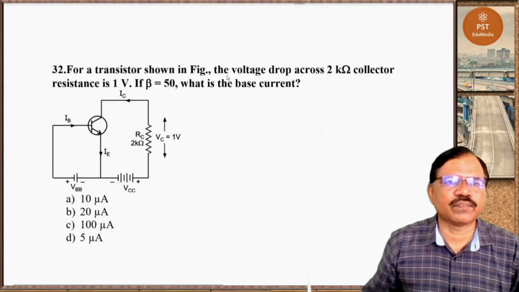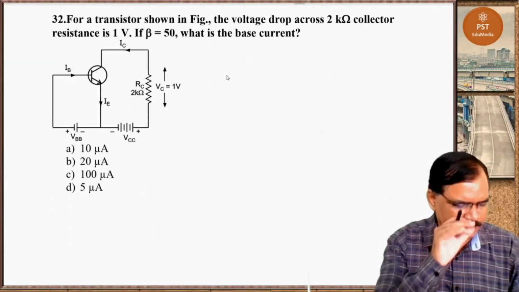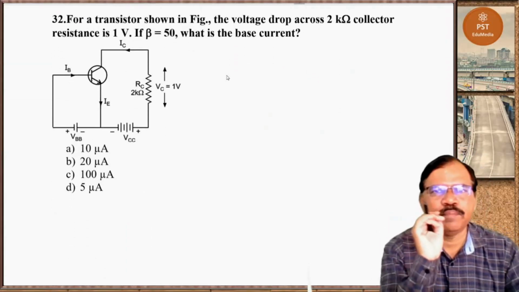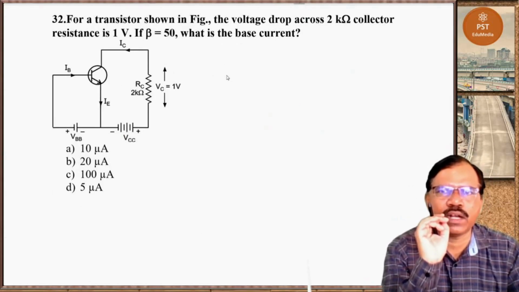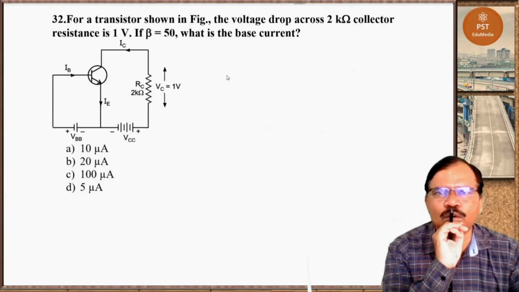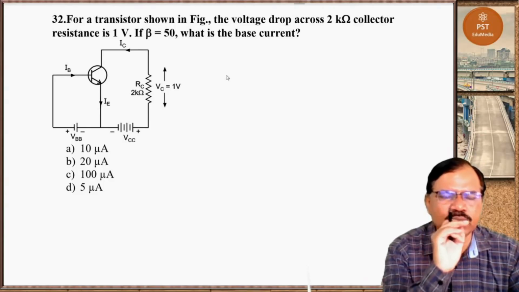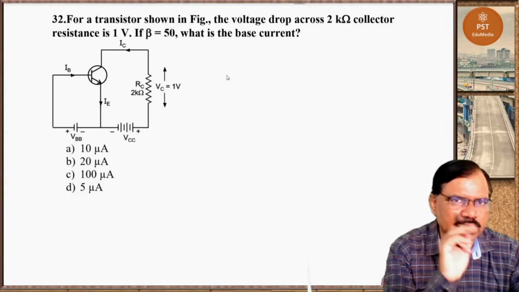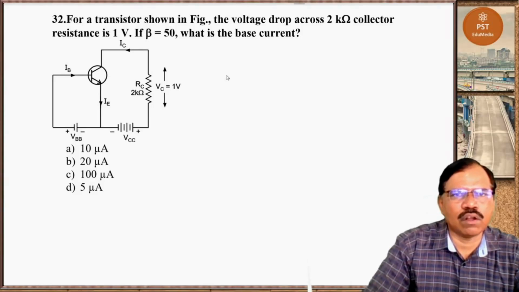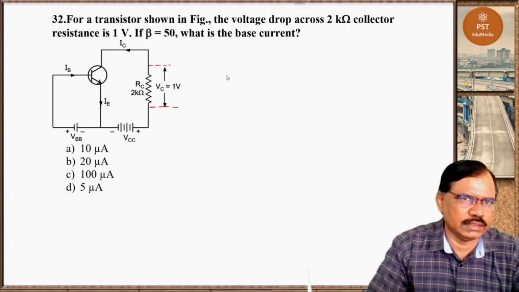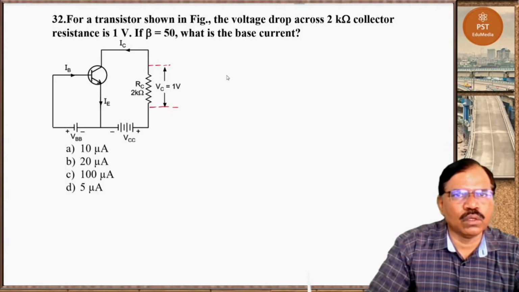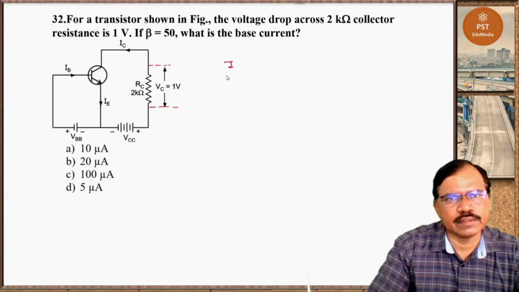Now next one, for a transistor shown in the figure, the voltage drop across the 2 kilo ohm resistance is 1 volt. If beta is equal to 50, what is the base current? So here the voltage drop is 1 volt across the 2 kilo ohm resistance. So I can find IC because this current will flow through the collector.